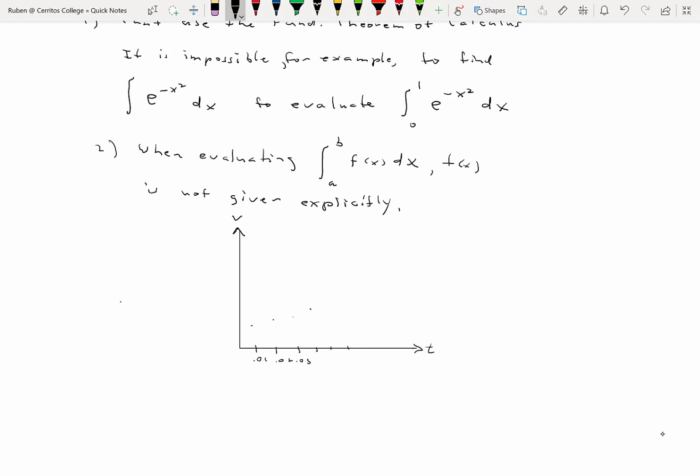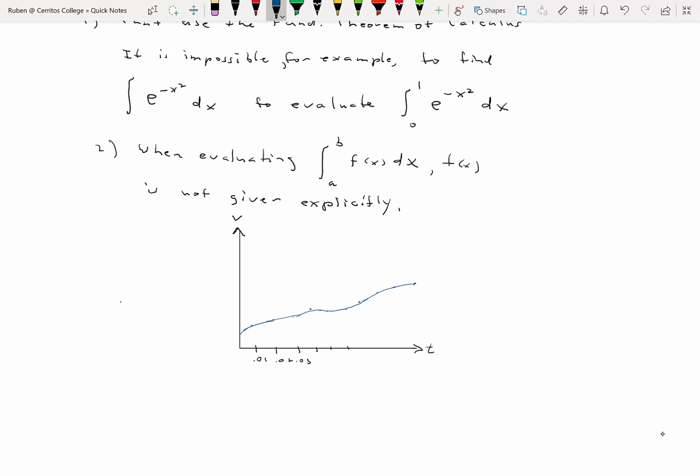We get a bunch of data points, and this goes on and on. I'm still interested in the area underneath the velocity curve. So suppose that there is some theoretical velocity curve that would pass through these points.